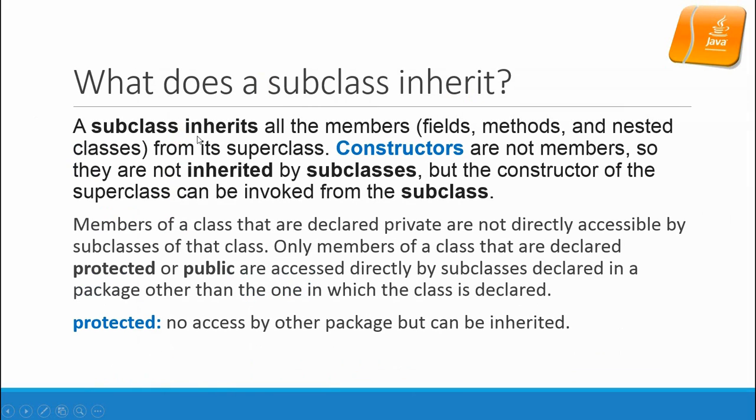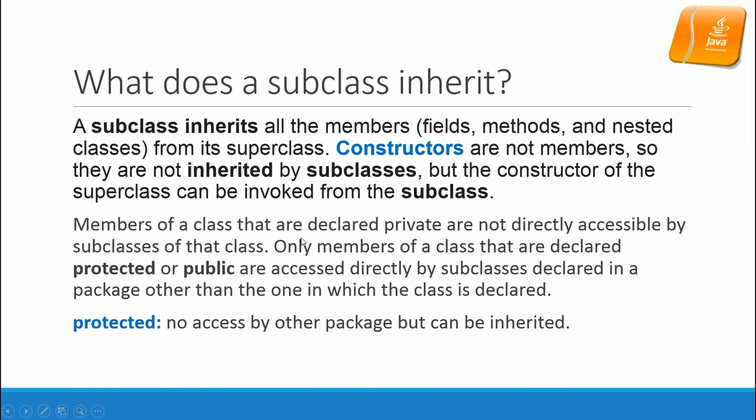A subclass inherits all the members, fields, methods, and nested or inner classes from its superclass. So all of the data, private, public, or protected, is inherited. Constructors are not members, so they are not inherited, but the constructor of the superclass can be invoked from the subclass. So a constructor is not inherited but can be called.